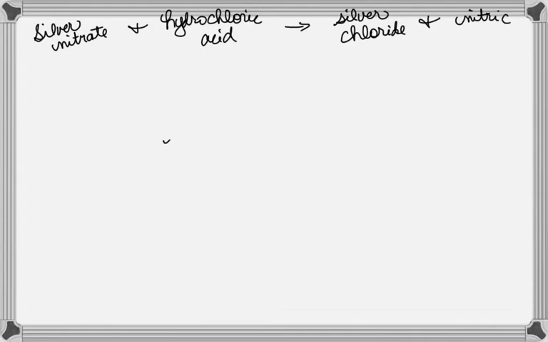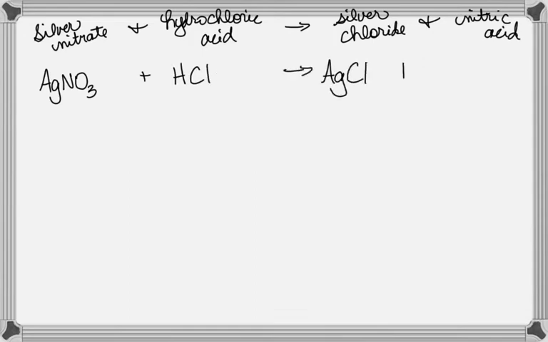So pause the video, take those words, write the formulas, and write a balanced equation for it. And then when you start the video back, you can check your answer with what I write, which is what you're doing now. So silver nitrate and hydrochloric acid make silver chloride and nitric acid.